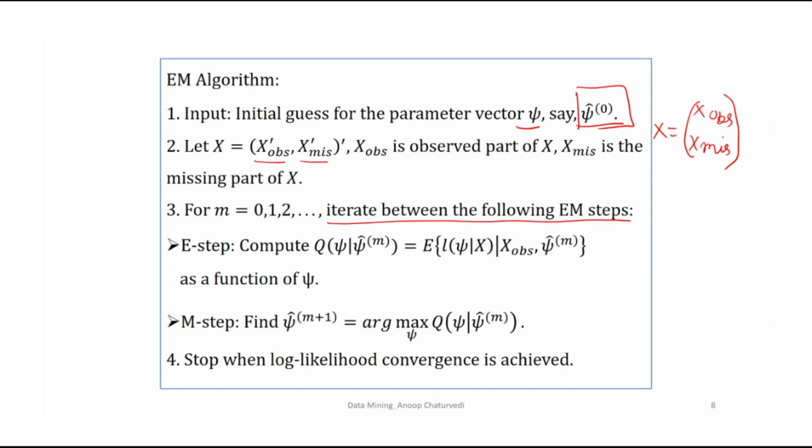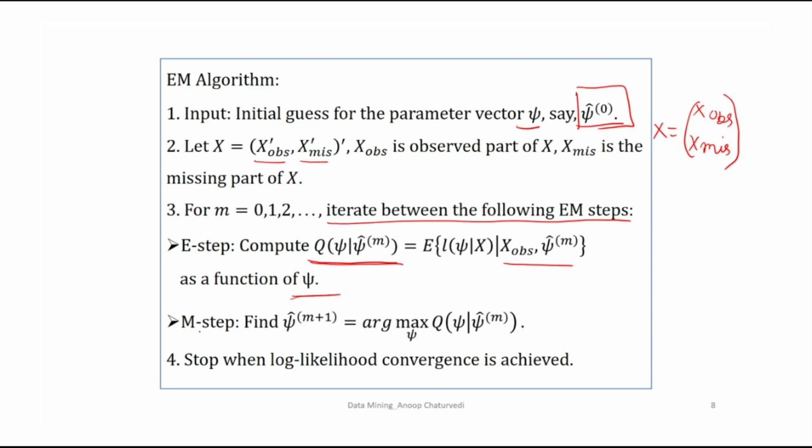E step: we compute Q of psi given psi hat m. We have psi hat m at the m-th step, and Q of psi given psi hat m is equal to the expectation of L of psi given x, conditional on x observed and psi hat m, and we compute Q as a function of psi.